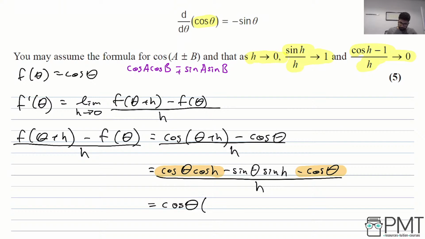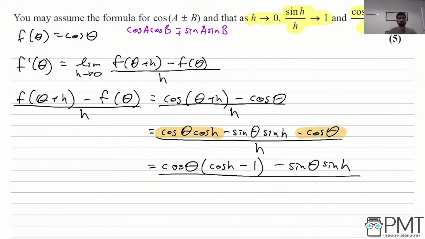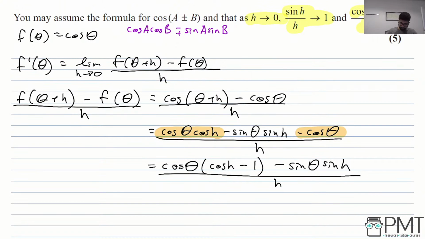So that will give you cos h minus 1 minus sine theta sine h all divided by h. So now I can split these into two expressions.